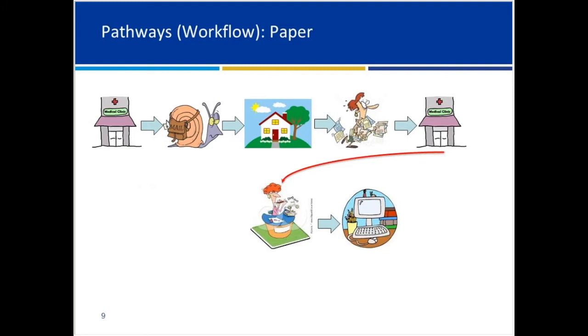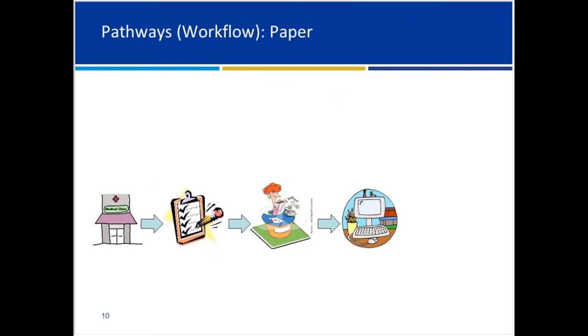This works well, or can work well, for scheduled visits. For unscheduled visits, a little bit more difficult. So usually a clinic will have the ability to administer the questionnaire during the visit or right before the person enters the treatment room, and once again, someone will then enter that information into the electronic health record.